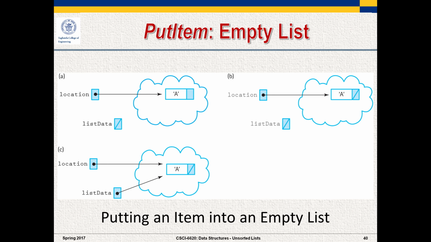We fill it with the data, that's the A. In step B, we mark the first node that we created with a next pointer of null, hence the slash. Then in C, we update list data to point at the node that we had just created. Voila, a single length list.